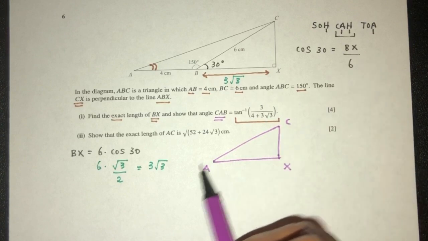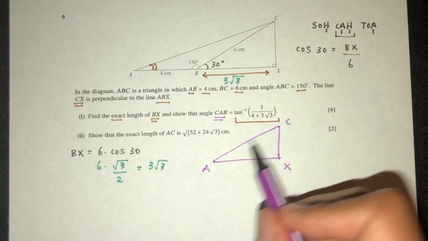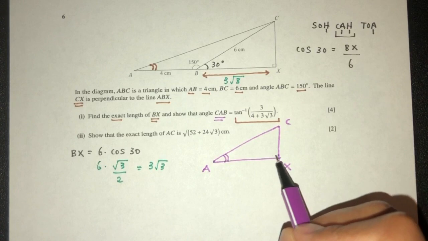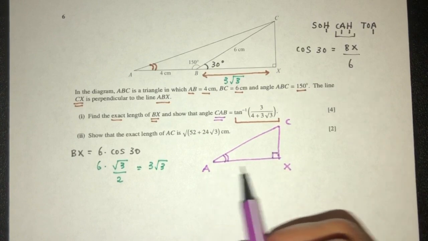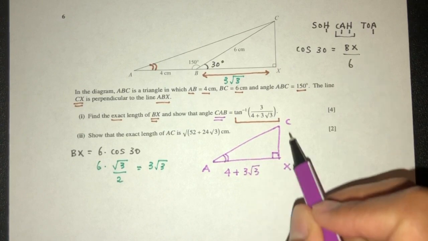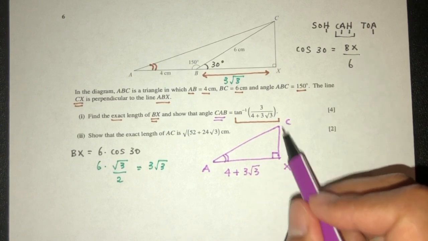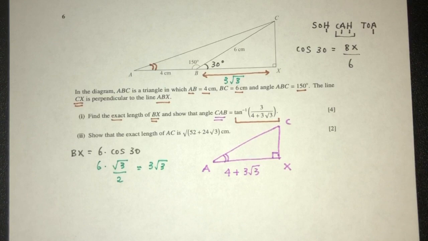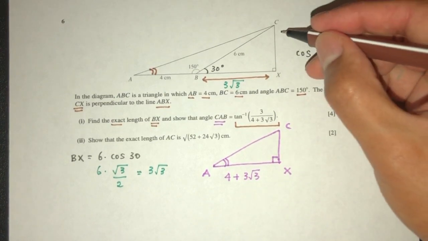Now angle CAB is the same thing as angle CAX, right? That makes sense. This is 90. AX is the length of 4 plus 3 root 3. Height, do we know this one? Let me check. We don't know this one. We can find this one actually. So let's find this length.